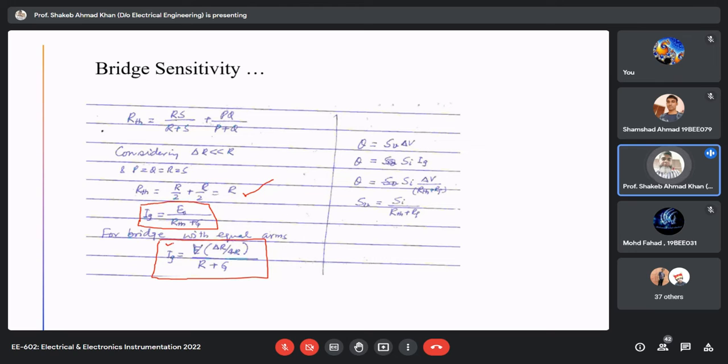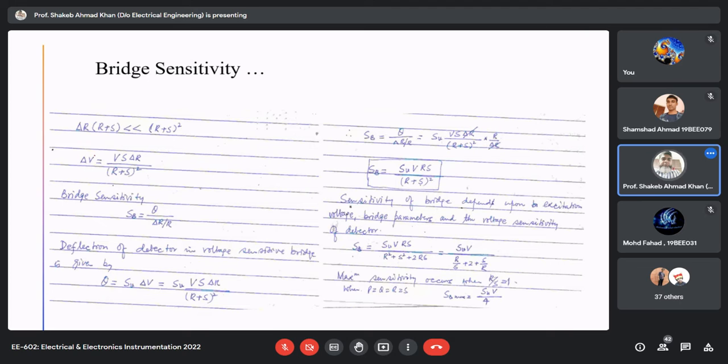The IG, the response of a current sensitive bridge, is dependent upon delta R, that is the requirement, and it also depends upon the excitation, unlike your null mode. So by measuring IG, we can measure delta R, provided that your excitation is constant. If your delta R is constant and your excitation is changing, then IG will also change. So this is what I want to show you here.